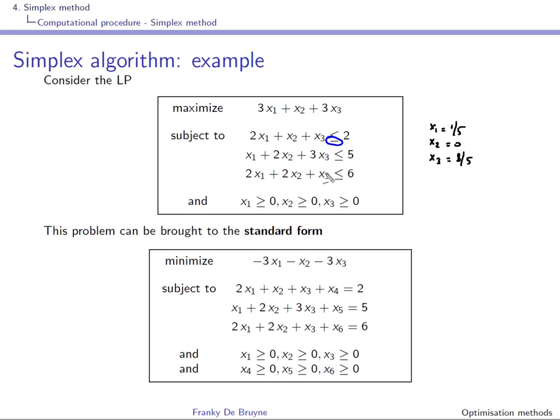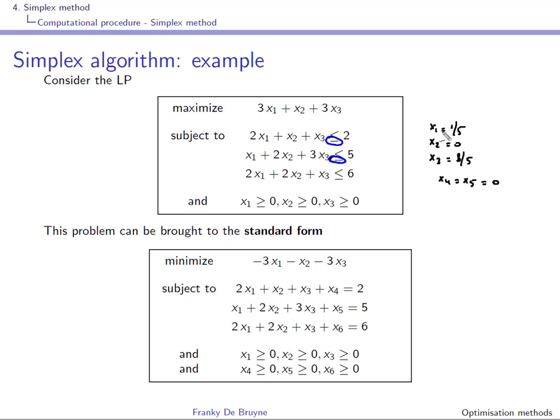If we plug the solution in the second equation, we have 1/5 plus 24 over 5, so that's 25 over 5. So again, it's met with equality. So this is why the slack variables x4 and x5 are equal to 0.